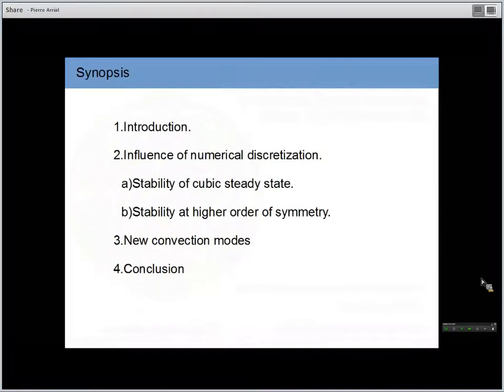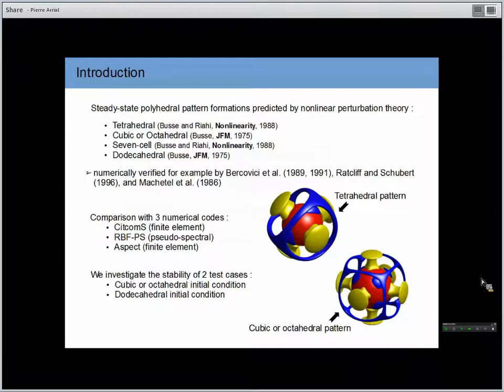Just before this, I will also introduce some new polynomial patterns of convection which have never been presented before in the literature.